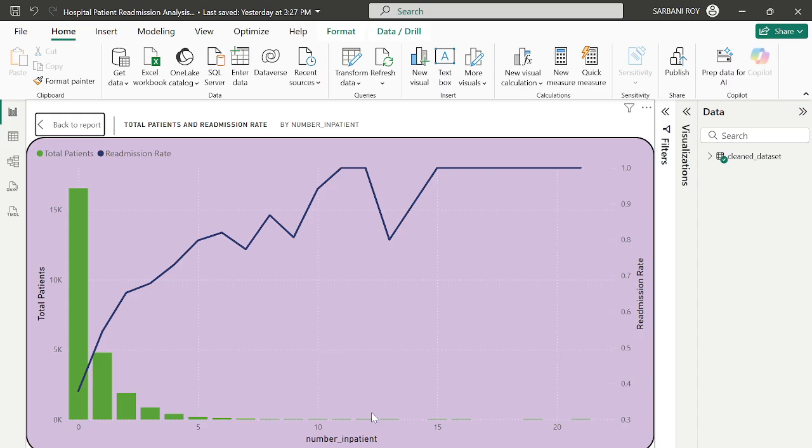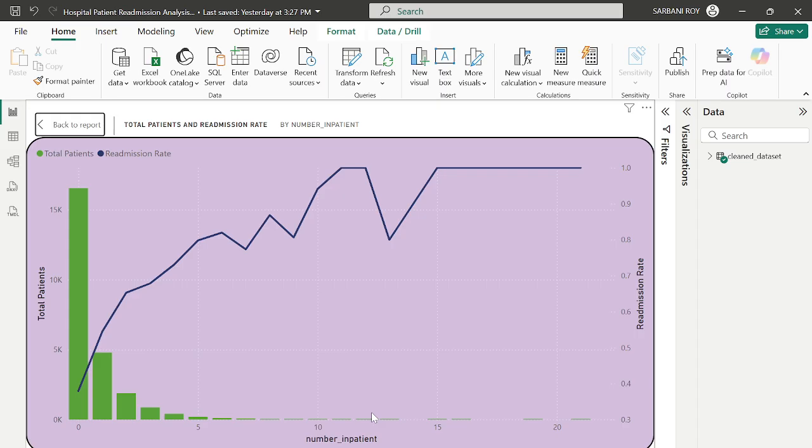Now, the patients who were hospitalized previously are extremely likely to come back again. This is a classic sign of chronic disease, long term conditions, complex medication profiles, and early or high risk patients.